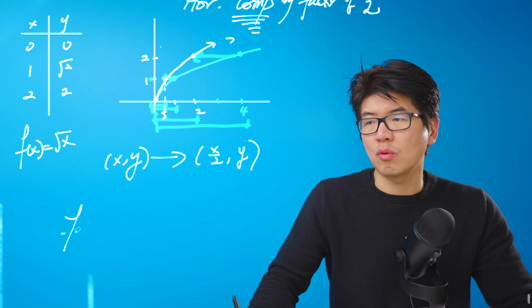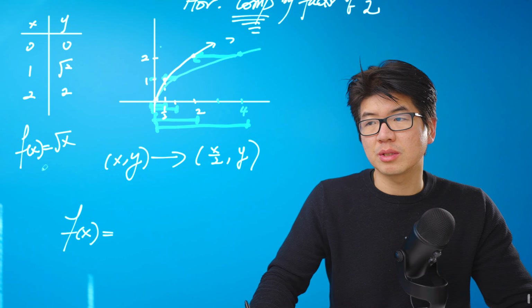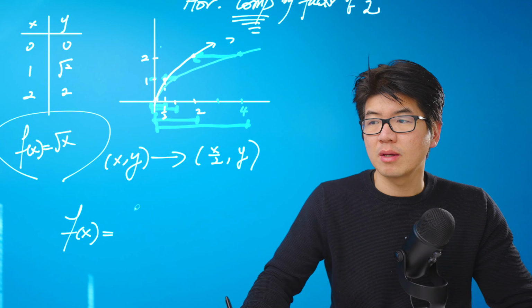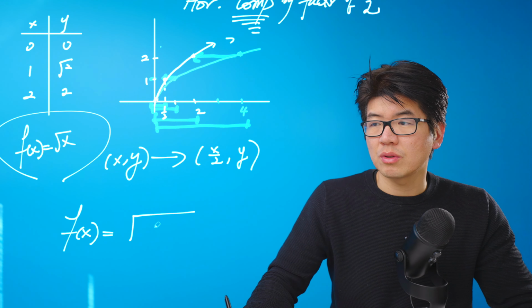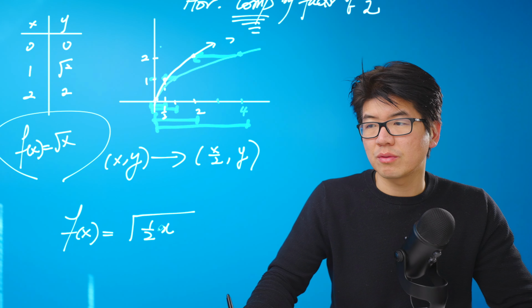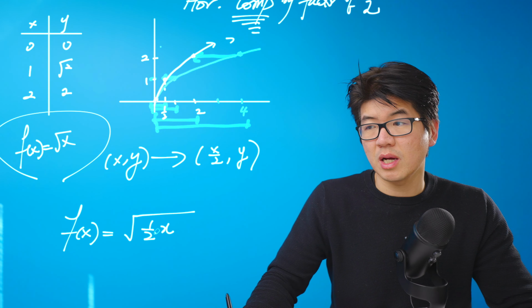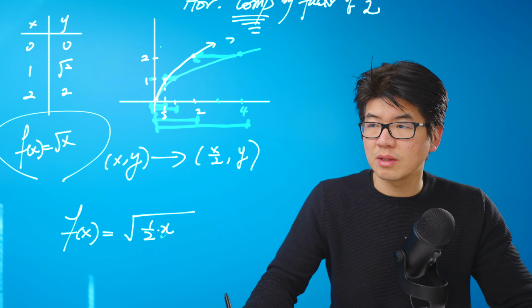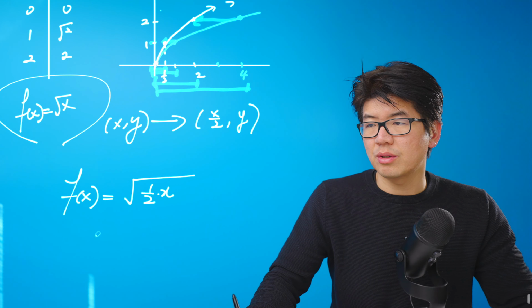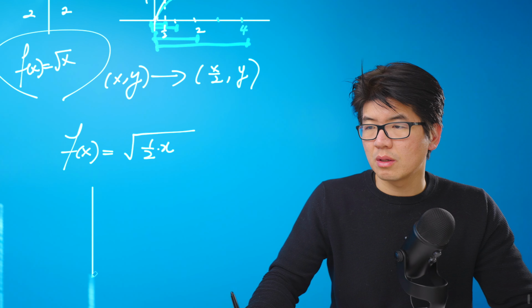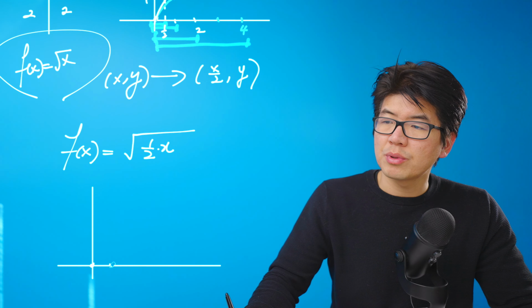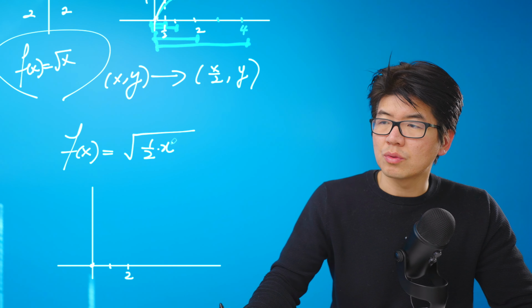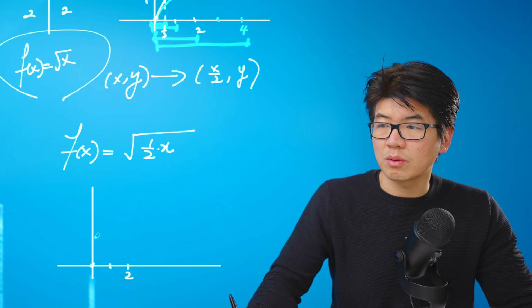How do we stretch it? What would be your guess to stretch this parent function? Instead of multiplying by a larger value, we multiply by a smaller value: square root of half of x, or 0.5x. So note that here, 0 is still 0, but I need to put in 2 to get square root of 1.